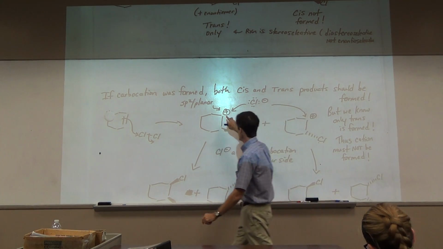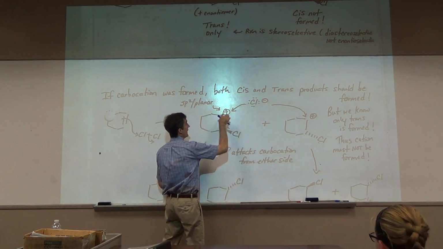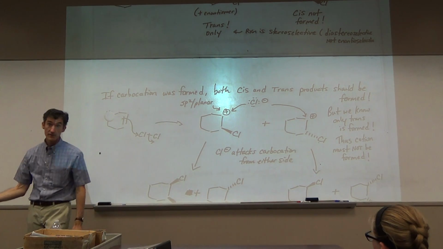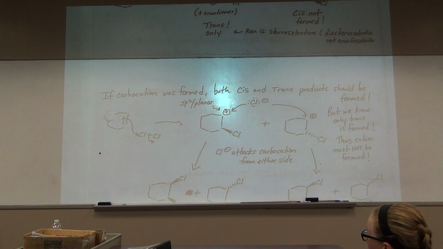Now I'm showing a free cation. We know it's not a free cation, but if it was, how would the chlorine attack the cation? Which side would it attack from? How do you attack cations? Which side? Both sides, 50-50, yes.